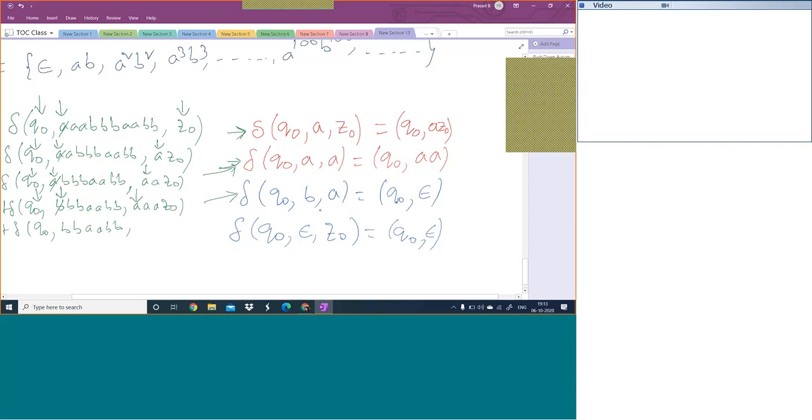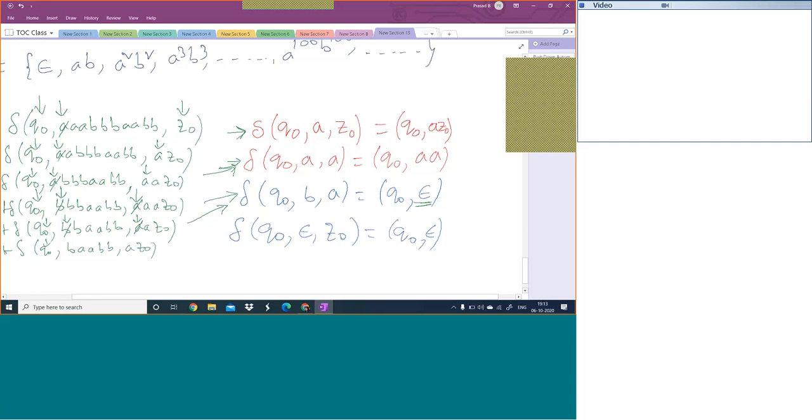Epsilon means you delete this A. Again Q0, B, A matches this one, same state, the B is scanned and the A is deleted.